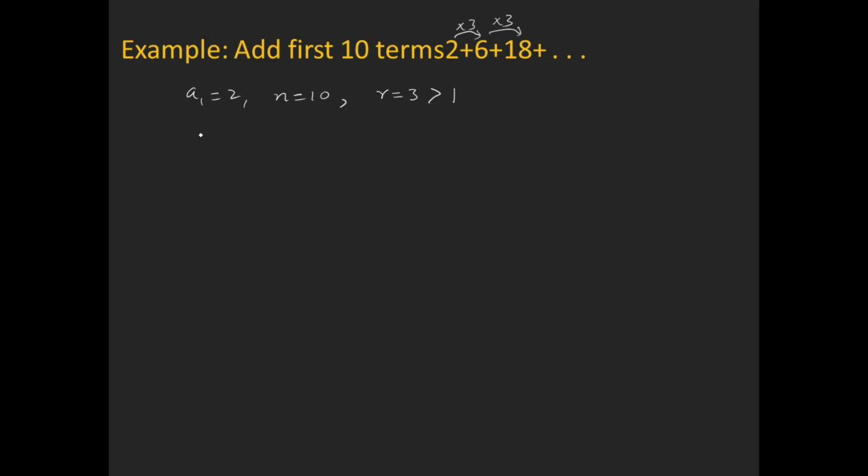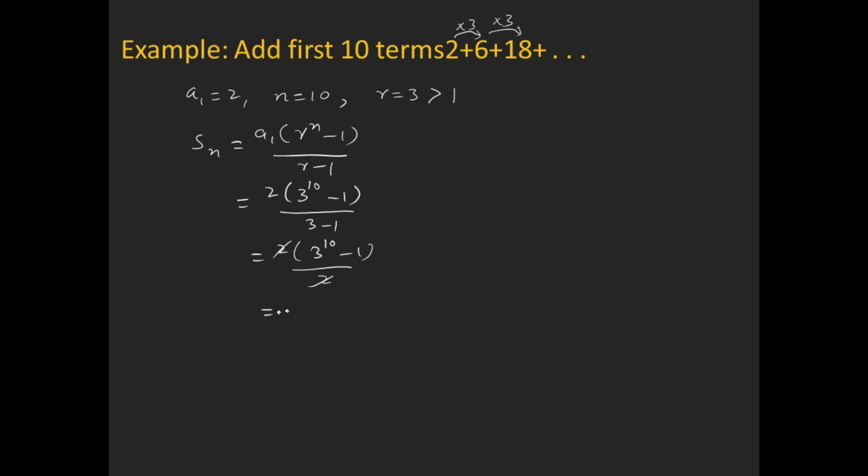1. So the formula used will be Sn is equal to a1 times (r power n minus 1) divided by (r minus 1). Now putting the values, the first term is 2 and r is 3, so 3 power 10 minus 1, divided by 3 minus 1. So 2 multiplied by (3 power 10 minus 1) divided by 2. 2 is cancelled with 2 and we are left with 3 power 10 minus 1.